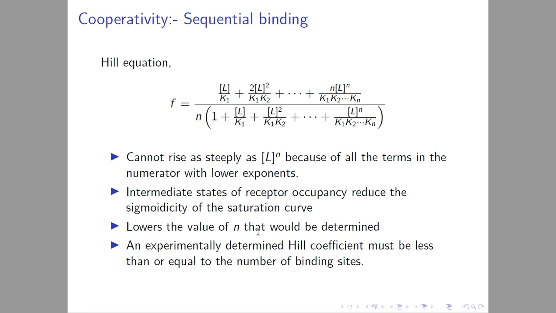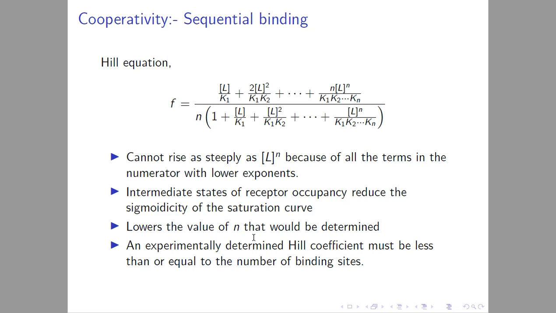Okay, and here the lower the value of n, that will be determined. So if the protein has 4 binding sites, but the binding sites are near to each other, the next ligand needs to fight with the rest to attach to this binding site. Okay, so it will be a lower value.